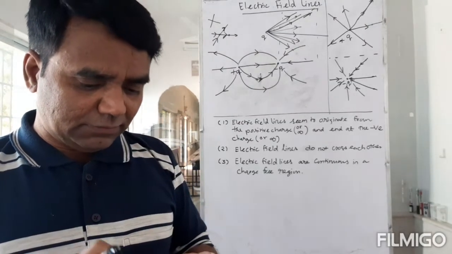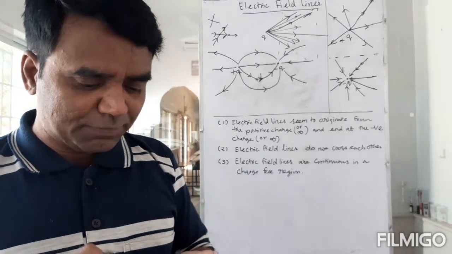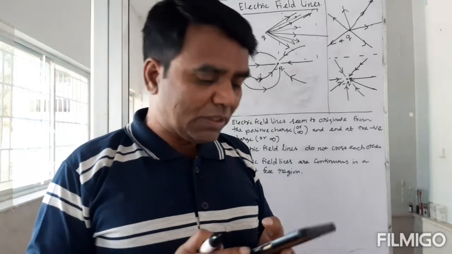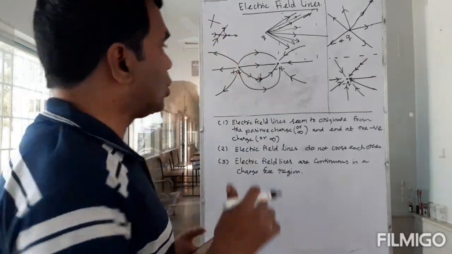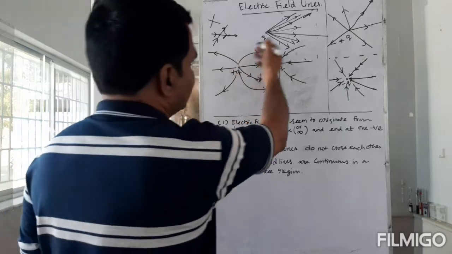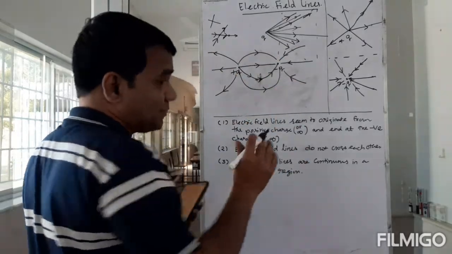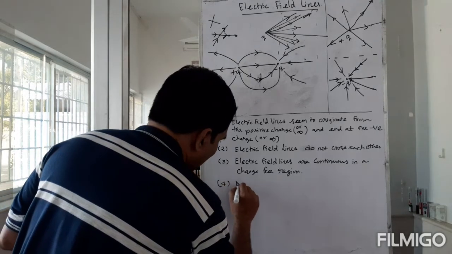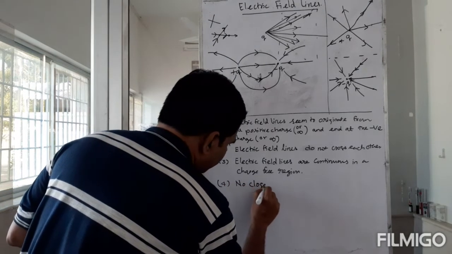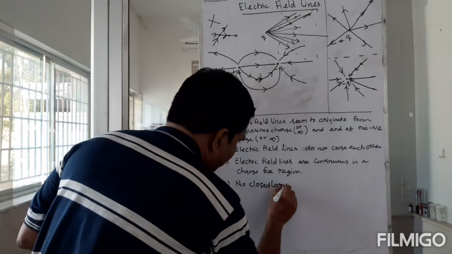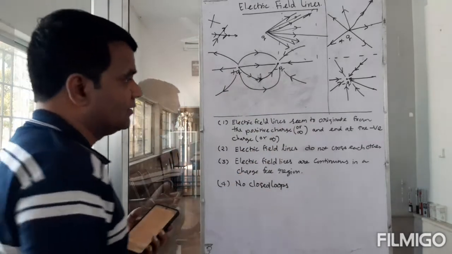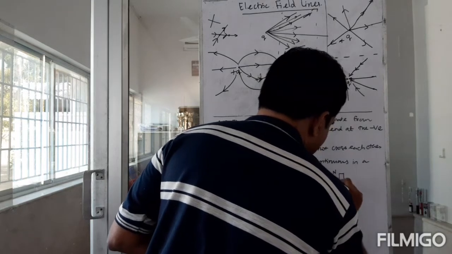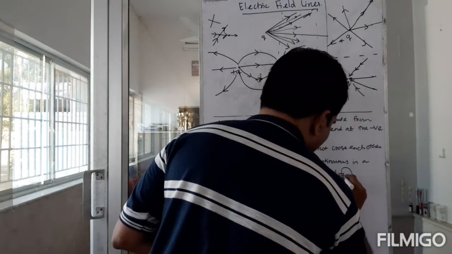There are a couple of other points which I'll briefly discuss. One is, they do not form a closed loop. They can't form a closed loop, right? Why? Like magnetic field lines. So the fourth point is no closed loops. If we have a magnet here, north and south, the lines start from north and then come back to south.